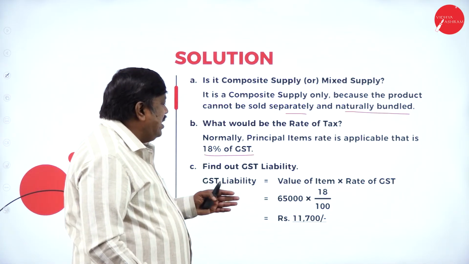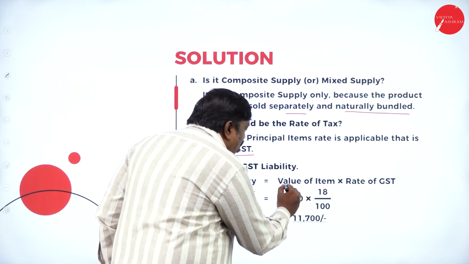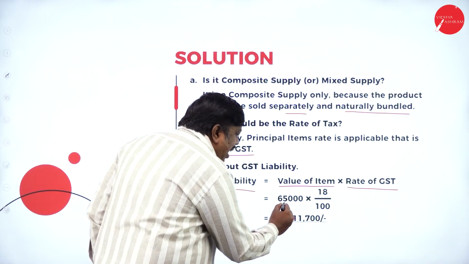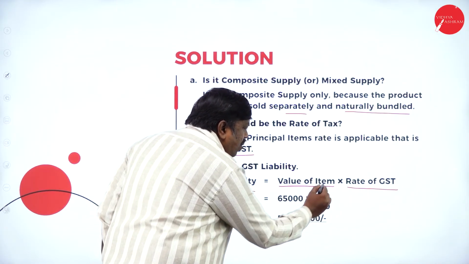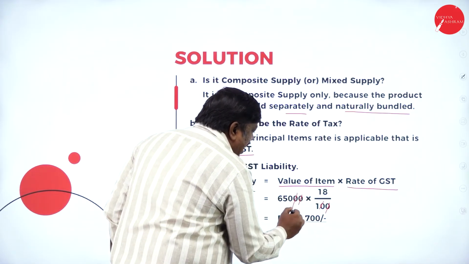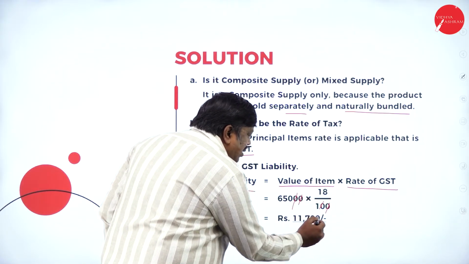So now what is the GST I have to pay here? The GST liability will be the value of the item into the rate of GST. The value of the item is 65,000 into 18 by 100. The 00s get cancelled. Now 650 into 18 will be 11,700.